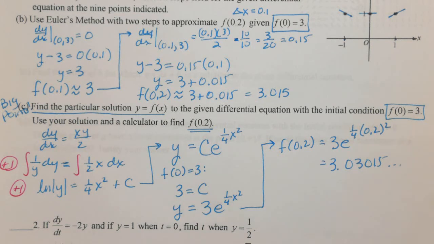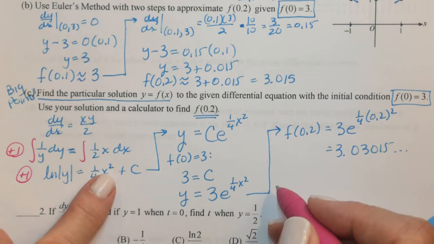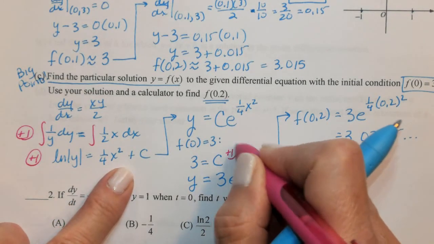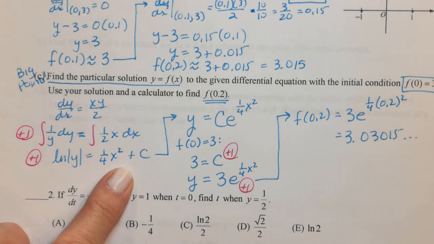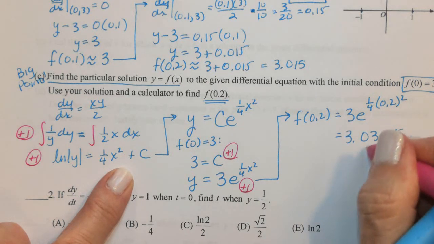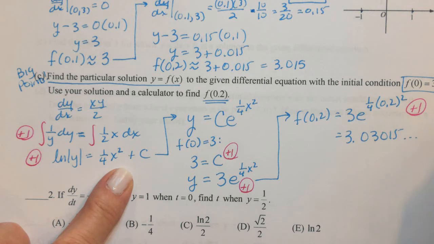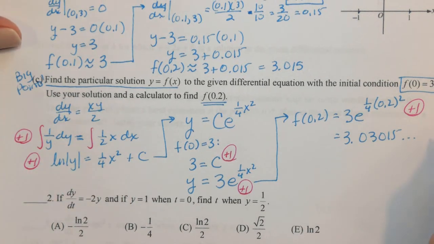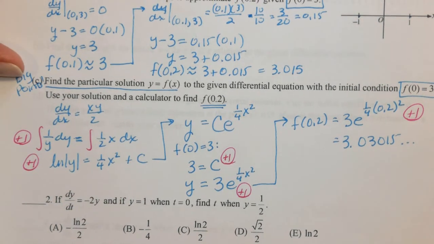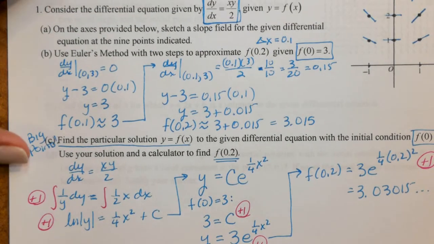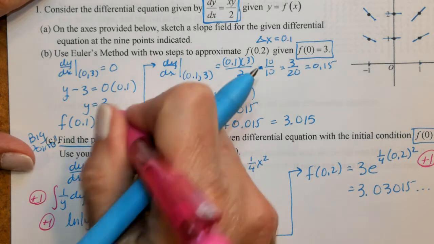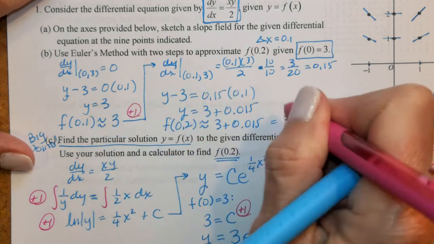All right. How would they finish scoring this one, you guys? They would give 1 point for finding C. They would give 1 point for solving for Y there. Okay. And then I'm sure they would give 1 point for that approximation in that problem. Okay. For Euler's method, it's usually worth 2 points. 1 point for the first step and 1 point for your answer.